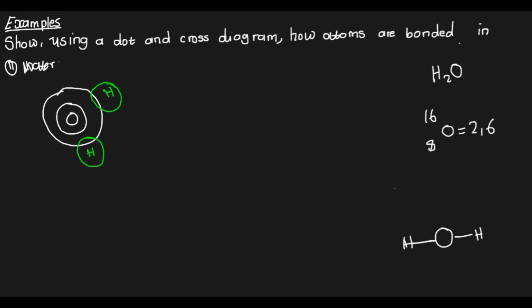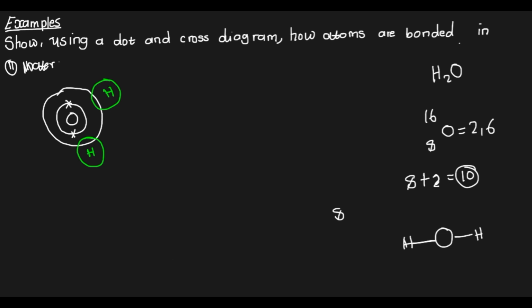So in total, we can add the electrons that we have for water. We can see that oxygen has 8 electrons plus 2 electrons from the 2 atoms of hydrogen. So in total, we have 10 electrons. So from the 10 electrons, let's first fill the first shell of oxygen. So we have 8 electrons remaining.